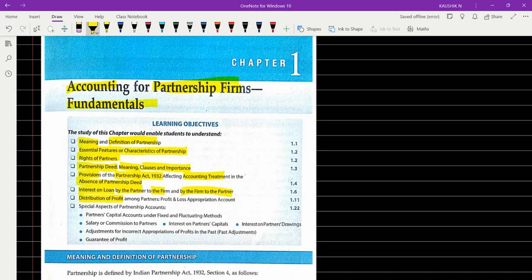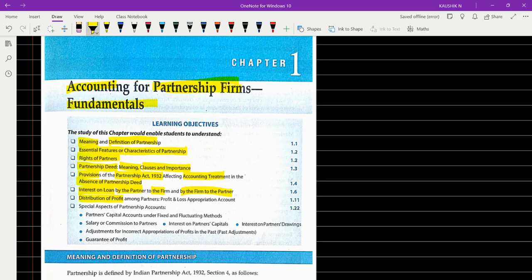Whatever the net result is, whether profit or loss, how will the amount be distributed among the partners? Because we have something called the profit sharing ratio. As I said, initially you might have started a business with the minimum required number of 2 persons, but later you might increase the number of partners.